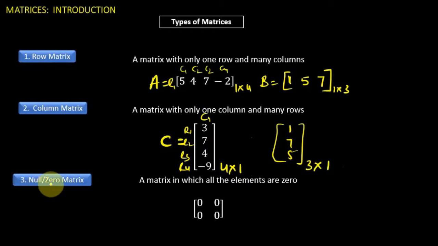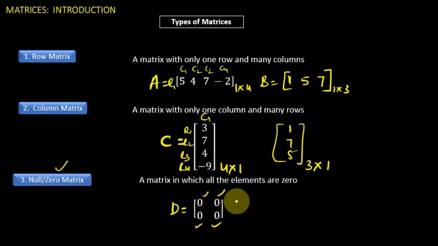Now the third type of matrix is null or zero matrix. The name itself suggests zero. It means a matrix in which all elements are zero. Suppose this is my matrix D. In matrix D, if you observe, inside the matrix all elements are zeros. No matter the order of this matrix, but the elements should be all zeros.